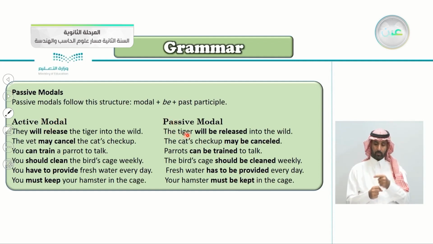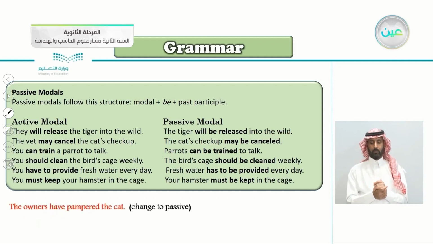We begin with the object, then we put the structure, the modal plus be plus the past participle, then we continue our sentence. So: the owners have pampered the cat. Change this into passive. What's the object here?